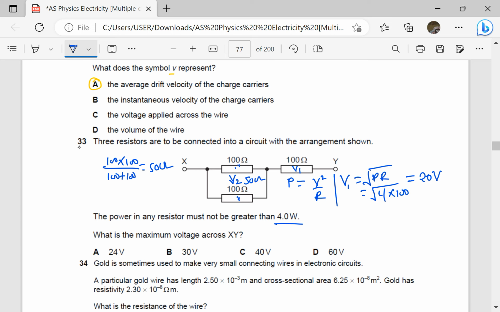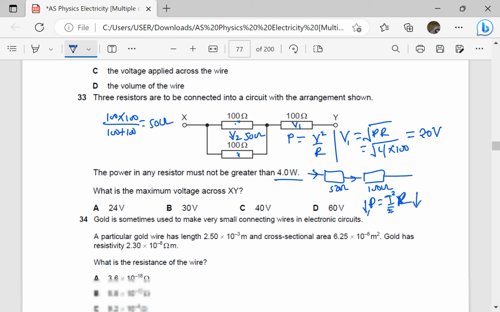If we have a circuit where this is 50 ohms and this is 100 ohms, of course the current through them is the same. Power is equal to I squared times R. If the current is the same but the resistance is half, the power is also half. So the power here is half, which is going to be 2 watts.